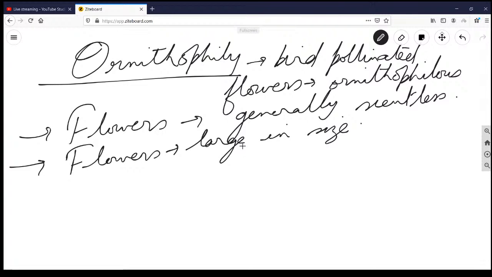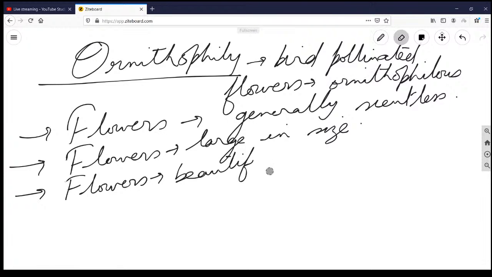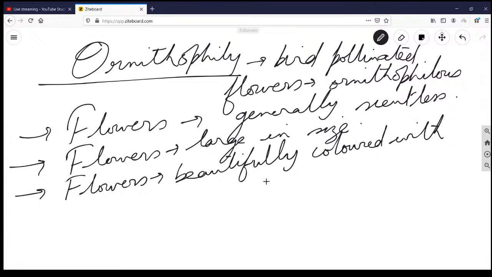They are also beautifully colored with color contrast, so that they produce the common colors which are liked by birds. So the flowers are beautifully colored with great color contrast.